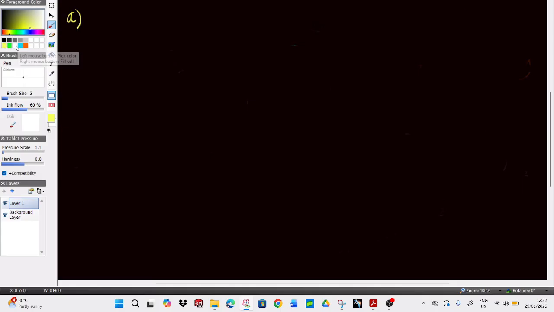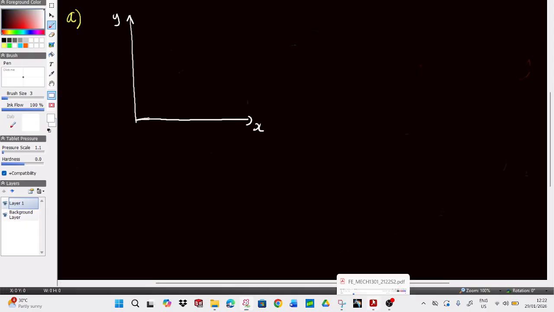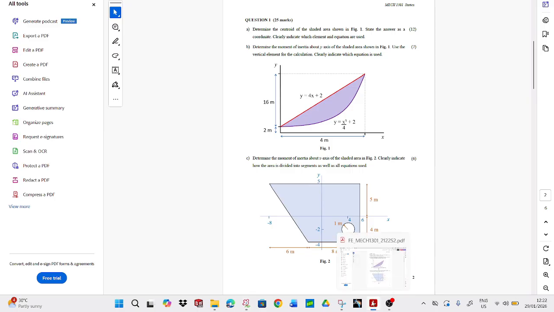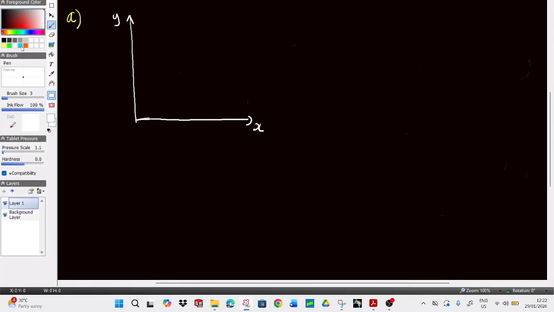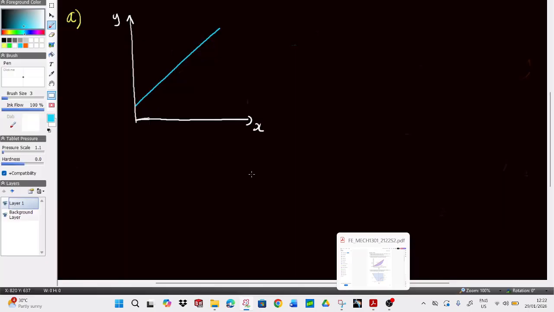I'm going to draw the axis. So this is our y, this is our x. We have two curves. I'm going to draw the first one here, and the second one is a curve also.